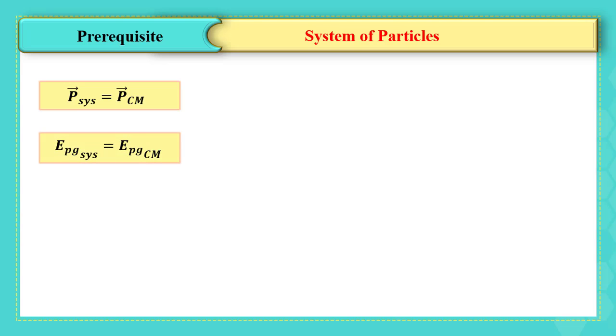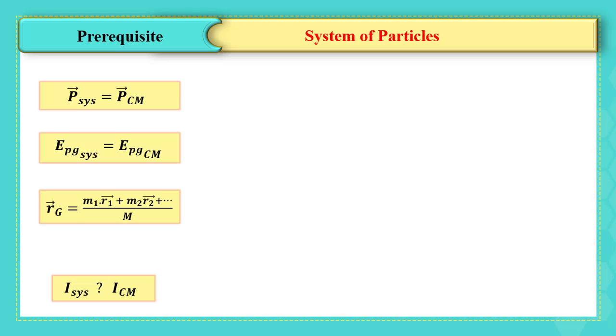And we said that the gravitational potential energy of the system of particles is equal to the gravitational potential energy of the center of mass of the system, knowing that the center of mass of this system can be found by m1 r1 plus m2 r2 plus etc. over the total mass of this system, where r1 and r2 are the positions of each particle of this system. Now the question is, is the moment of inertia of the system of particles equal to that of the center of mass of the system?